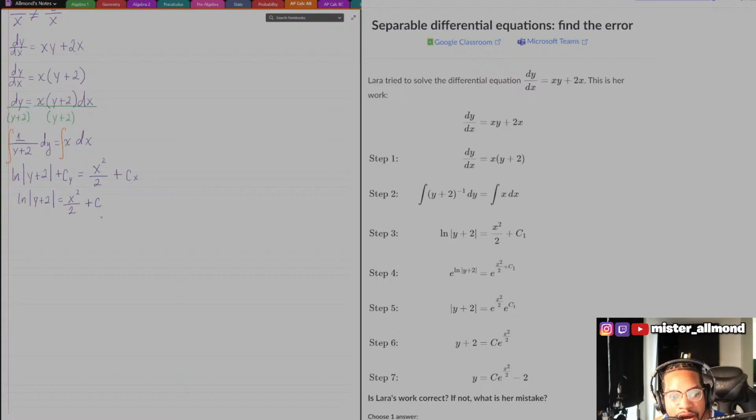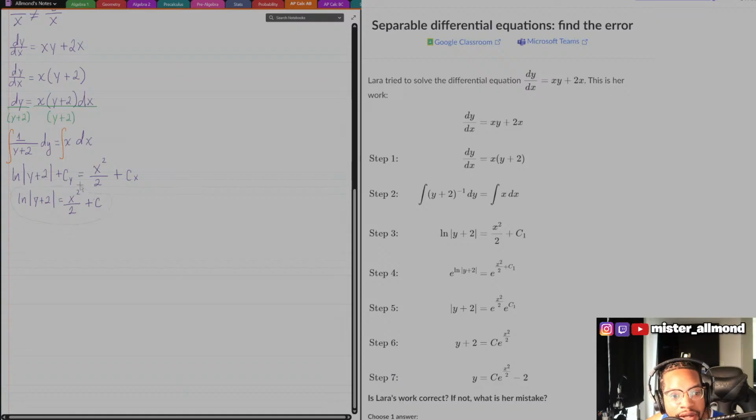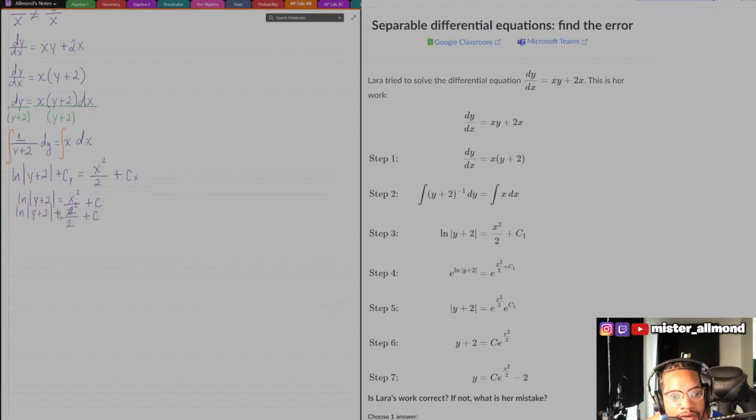So when I subtract cy, I probably should have shown what exactly I did. That's my bad. All I did was subtract cy from both sides. So if I were to show it correctly, it would look like this. And then cx minus cy is just some constant. So I just call it c.